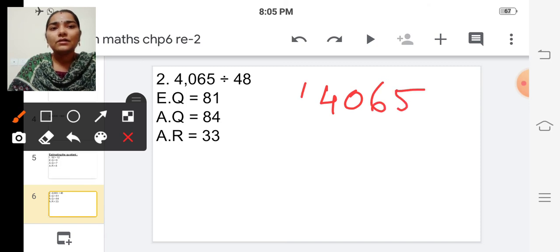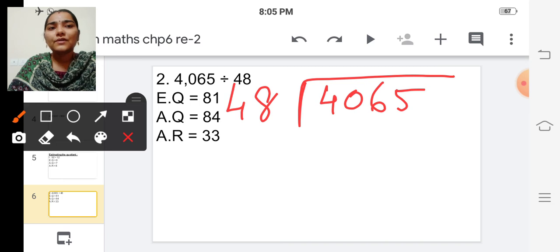4065 divided by 48. If we consider two digits of the dividend, we cannot divide, isn't it? Because 40 is less than 48, so we cannot divide. So consider the first three digits of the dividend.